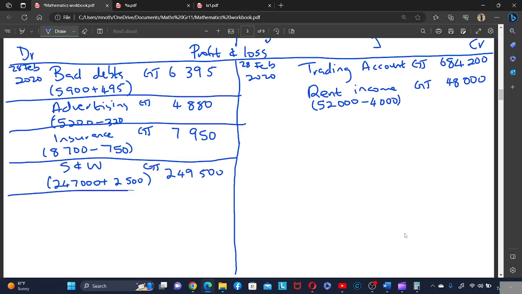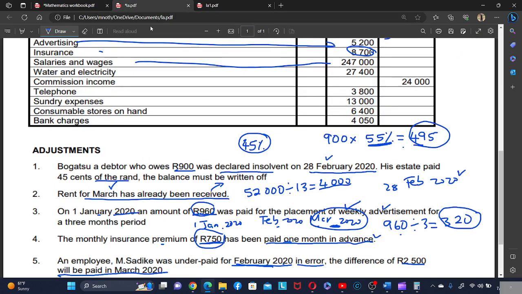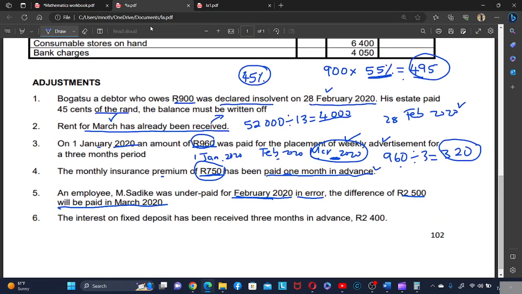Okay, next one. The next one, number 6. Interest on fixed deposit has been received 3 months in advance. So you have received the 3 months in advance, meaning that you have received the interest of the next financial year, which is for 3 months.